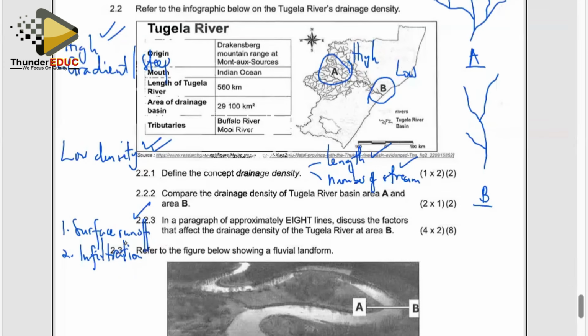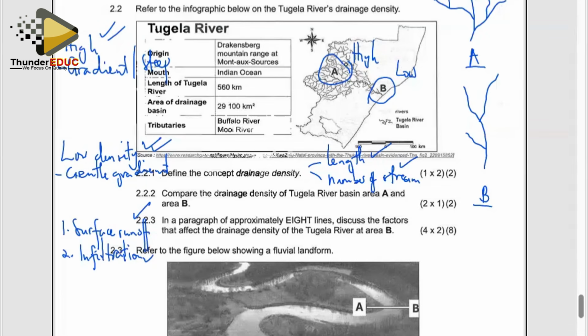It's very steep, and hence the rainwater is going to flow over the surface, forming a number of streams. And for the same reason, if it's low density, it means there must be a gentle gradient. A gentle gradient allows for water to infiltrate into the ground, and hence there won't be many streams forming.